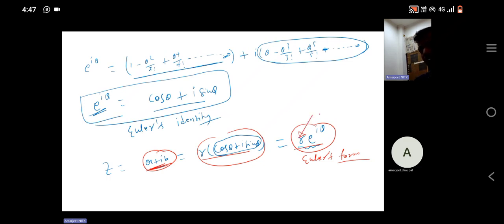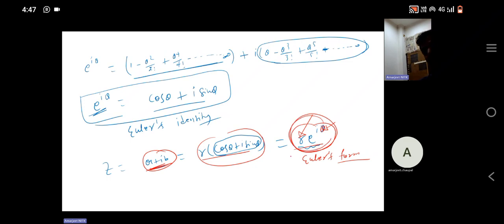Here r is what? You know, the modulus, the distance between the origin and the point, and theta is the argument of the complex number. This Euler form many times simplifies complex problems.